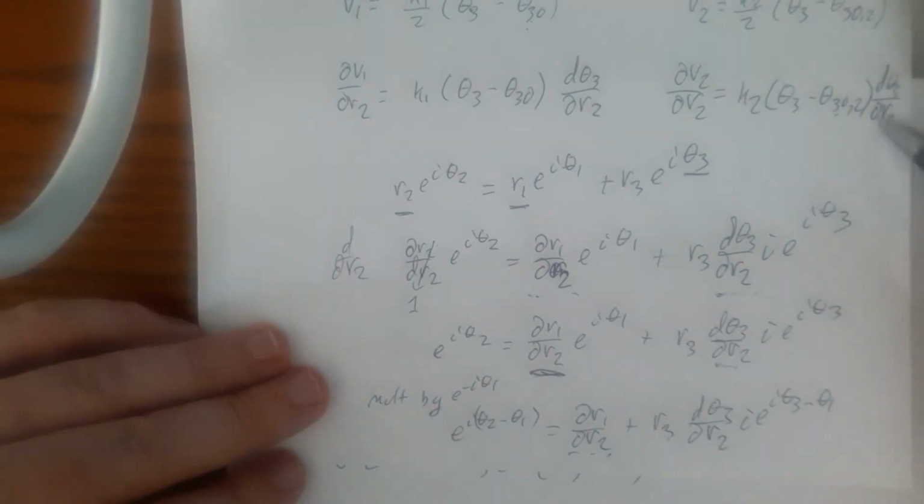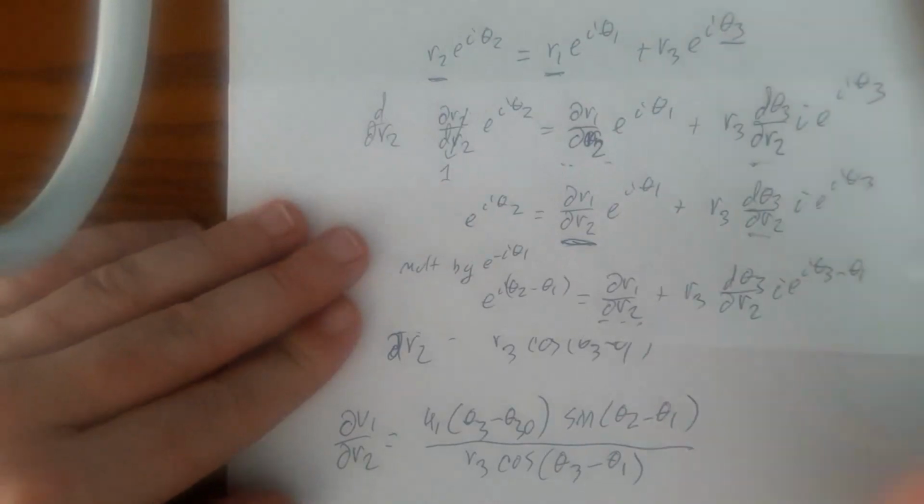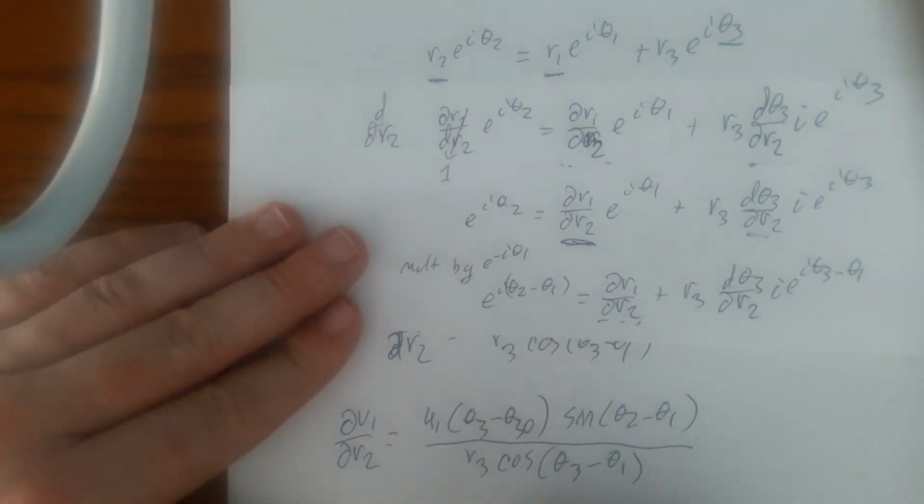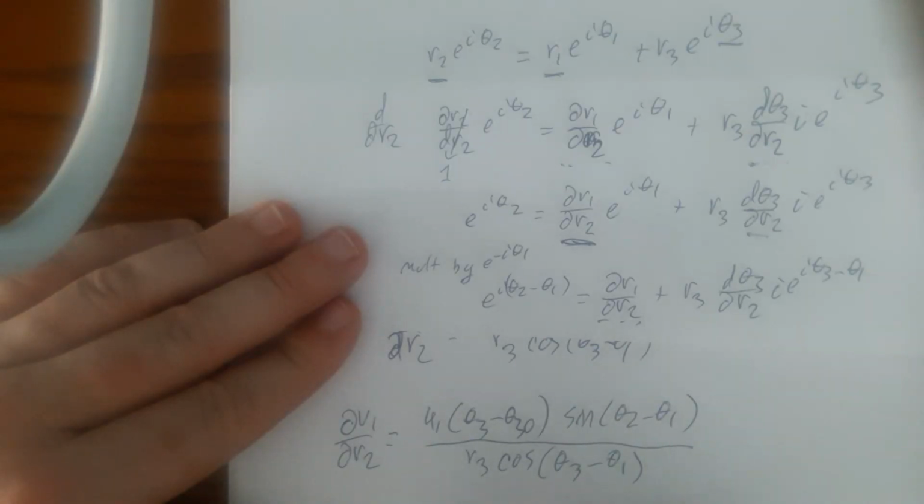The only thing we've learned is what the d theta 3 dr2 is, and so we're going to have k2 theta 3 minus theta 3 naught sine theta 2 minus theta 1 over r3 cosine theta 3 minus theta 1.